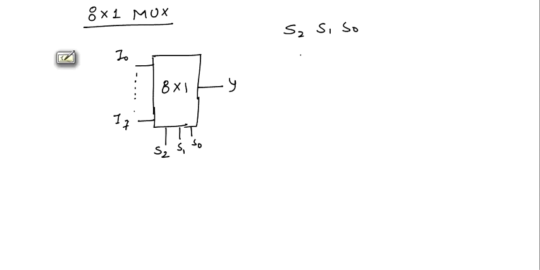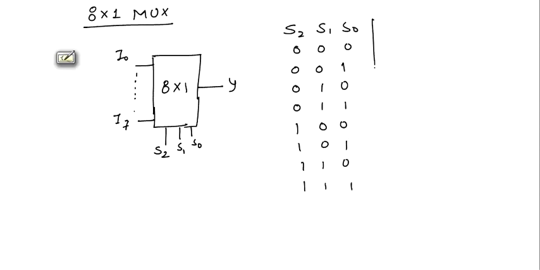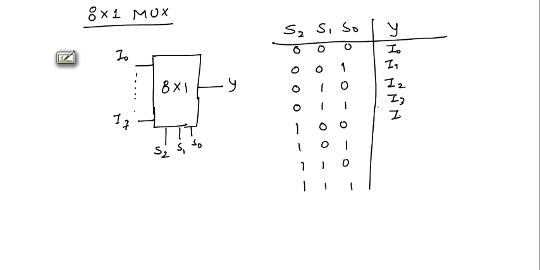S2, S1, S0: 0 0 0, 0 0 1. 3 select lines means there will be 8 combinations. This will be the 8:1 multiplexer.